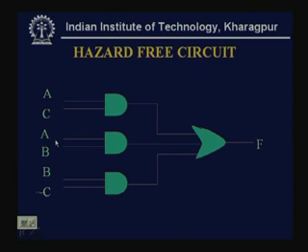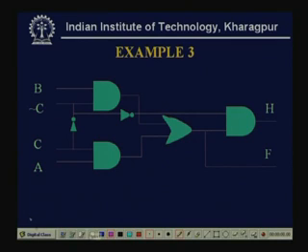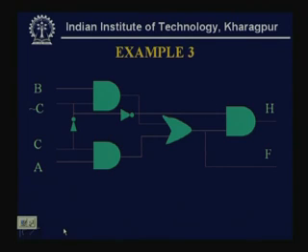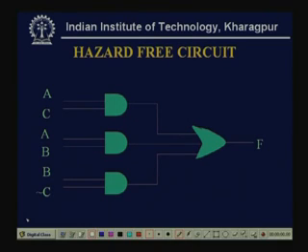So, that means if A equal to 1, B equal to 1, that means AB is high, then one input is high. So, it is immaterial what the first input of the OR gate or the third input of the OR gate is, say F1 or F3.